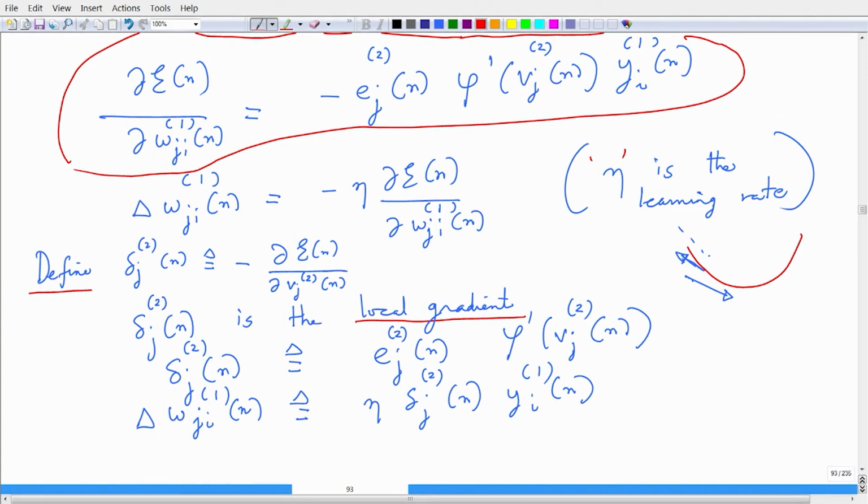This is at node j, and in the superscript I always indicate the layer number, and that you have to bear in mind.